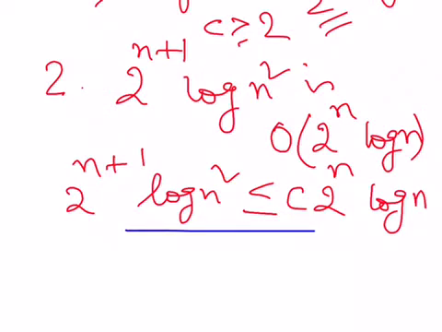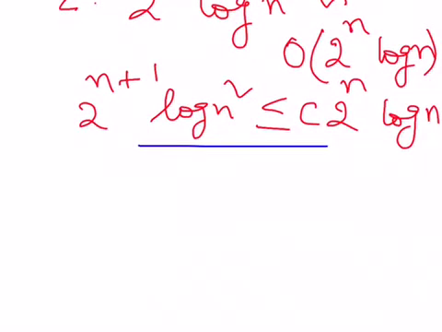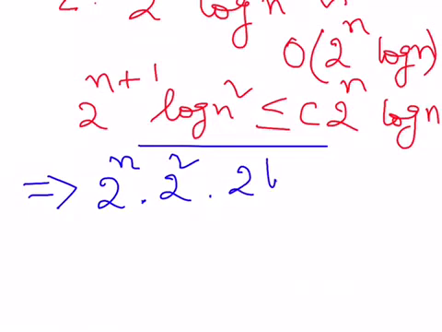Since n is greater than 0, we can cancel out or eliminate terms from both sides. Before that, perhaps it's better to simplify the expression a bit more. 2 power n plus 1 is nothing but 2 power n times 2, by the rule of exponents, and log of n square can be written as 2 times log n, by the law of logarithm.